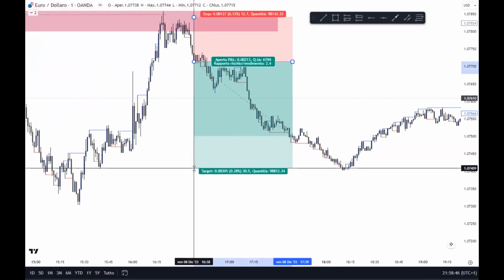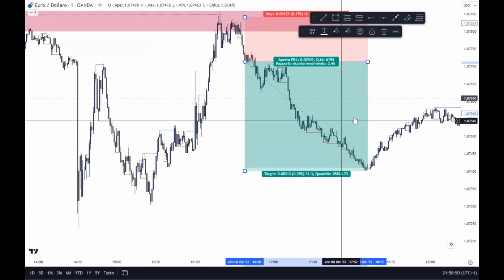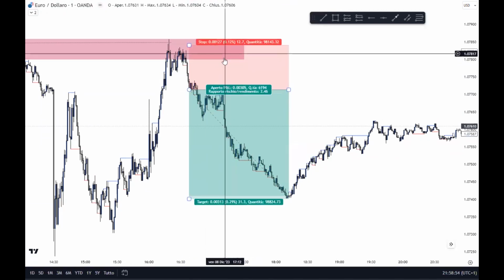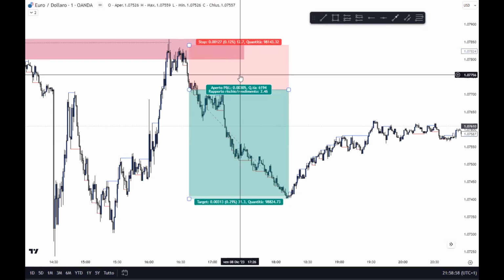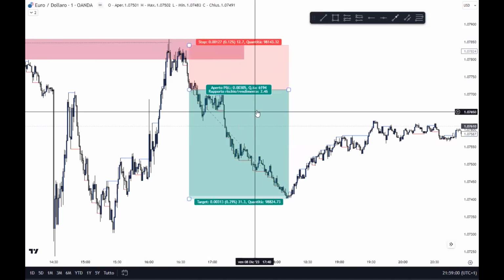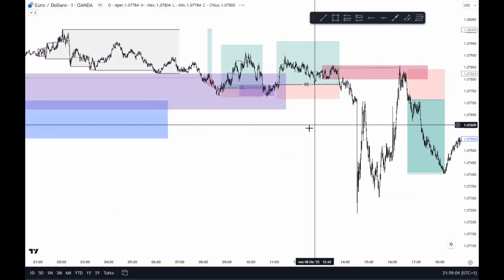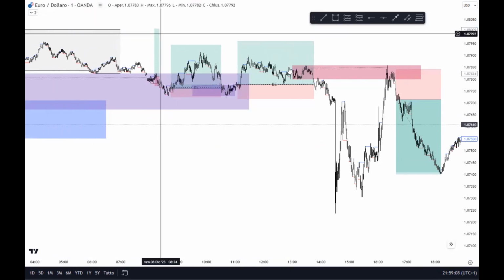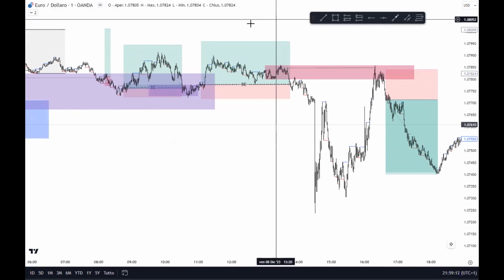And here it's like 2.5R. It was good, but I did not jump into this trade because my stop loss was so big. Those were the 4 opportunities in the EU, Euro dollar, and that's it.